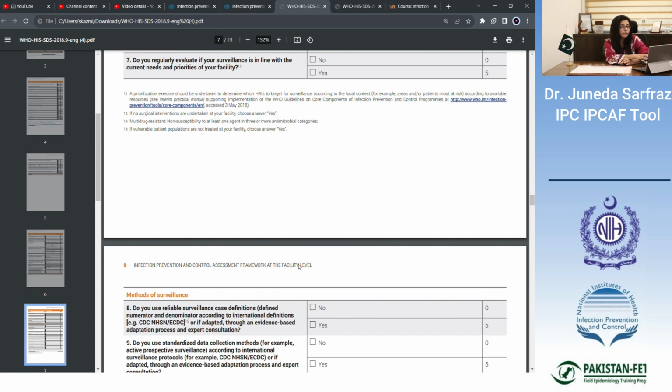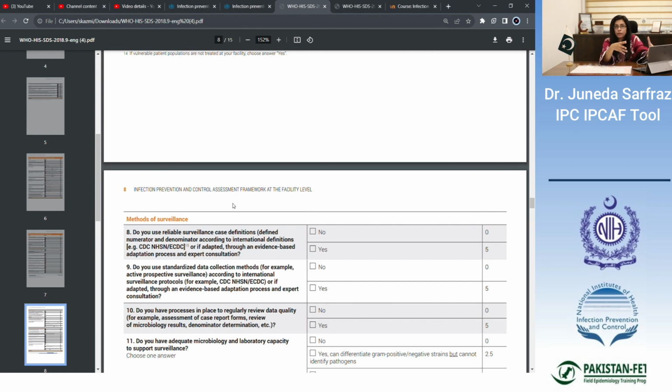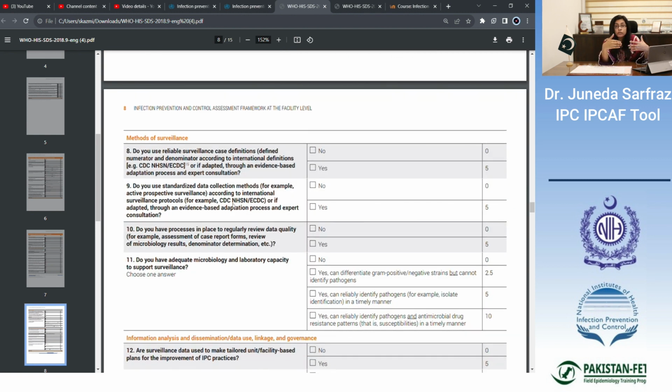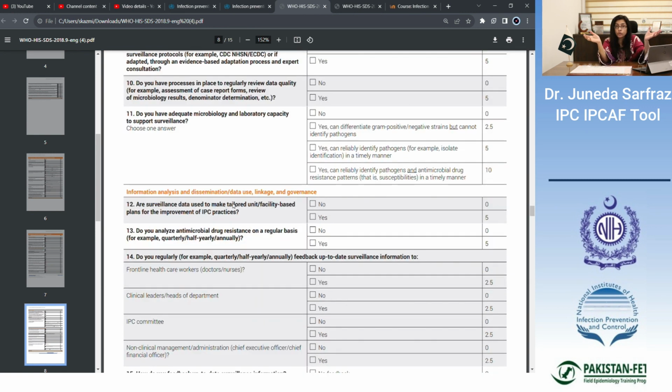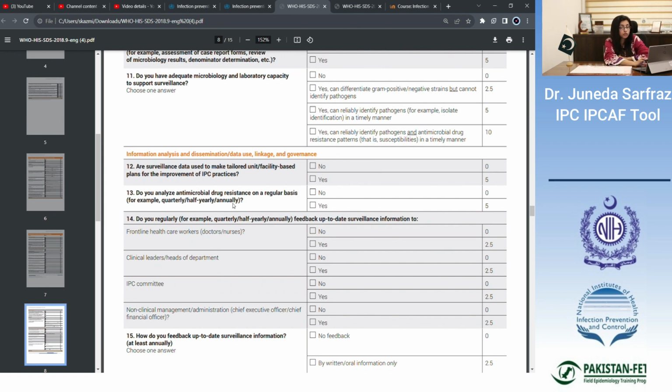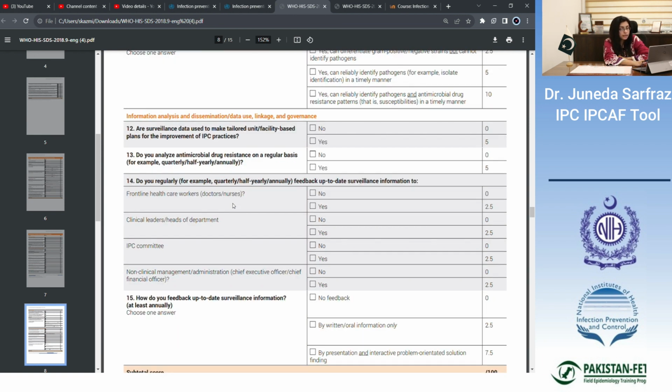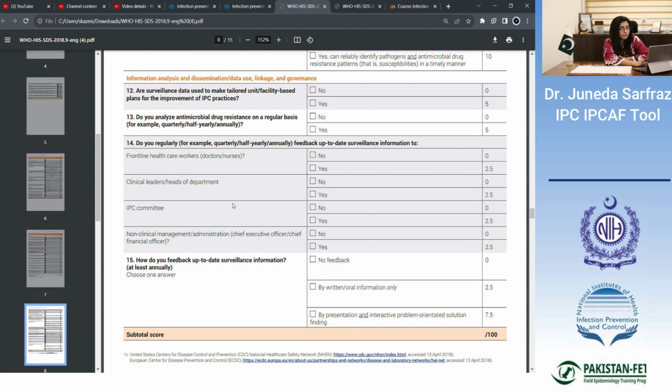Do you regularly evaluate if your surveillance is in line with the current needs and priorities of your facility? That's also very important. Sometimes we are so focused on the international things that we do not care about the rest, about what's going on around us. We close our eyes to what's going on around us, and that's something that we should not do. Again, this has sub-scoring, the method of surveillance, and the information analysis.